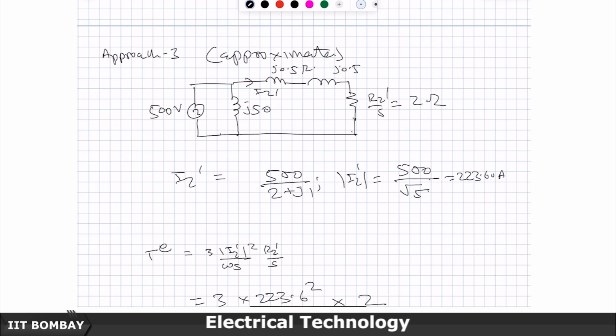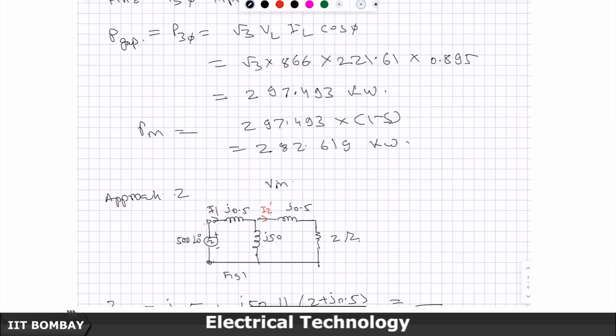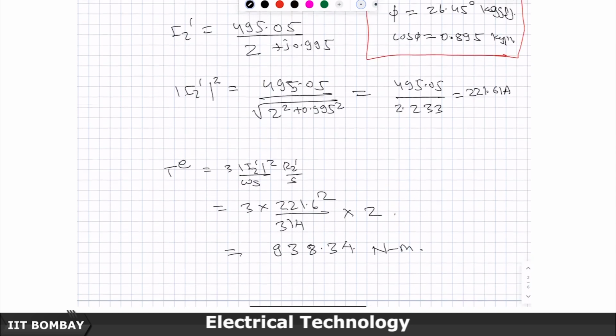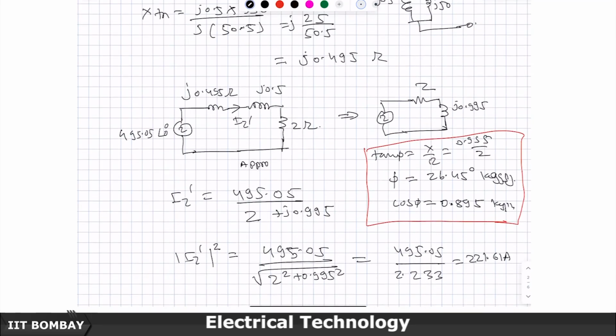And x Thevenin, let us come to the Thevenin's model. I am sorry, x Thevenin is sitting here, it is 0.495 and x 2 dash is 0.5.